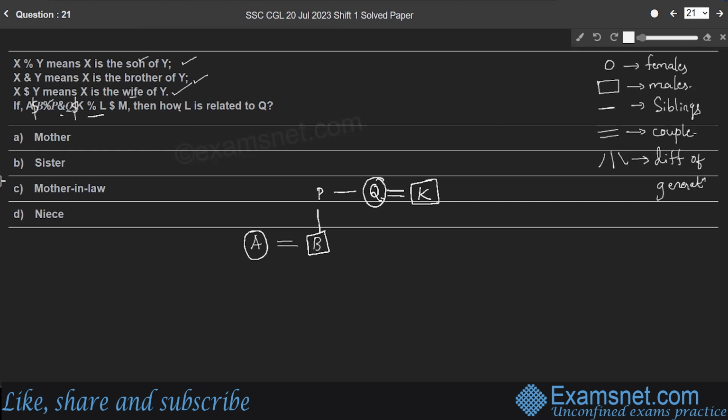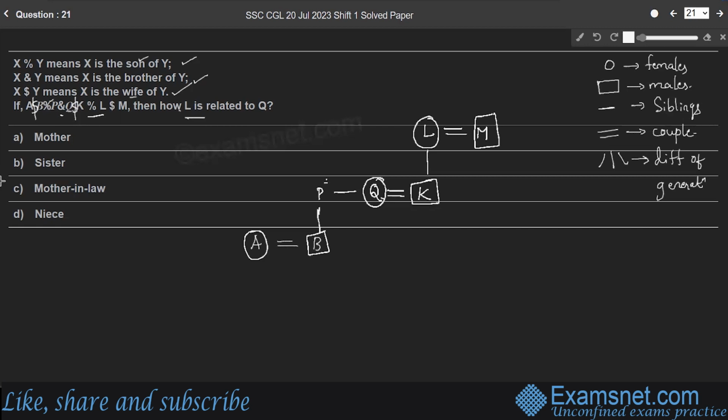So K is the son of L. L dollar M, so L is the wife of M. L is female, M is male. The gender of P is not disclosed here.